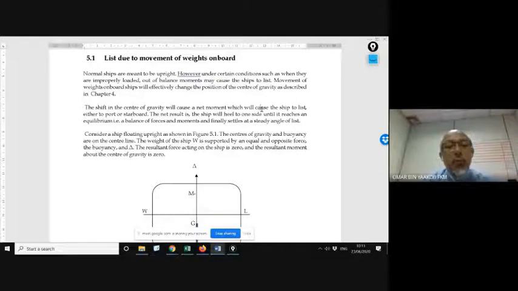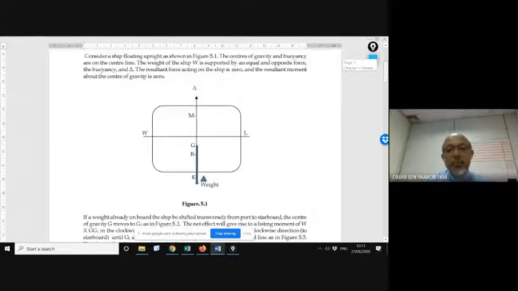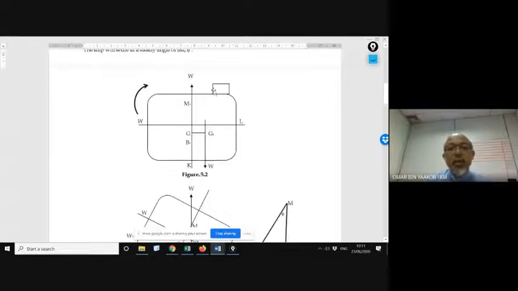Right. When we move weight on board, the first part that we are looking at here is moving weight just in the transverse direction, like this one, for example. Originally, say this weight is somewhere in the middle here, and you have this small weight, this small W, here.